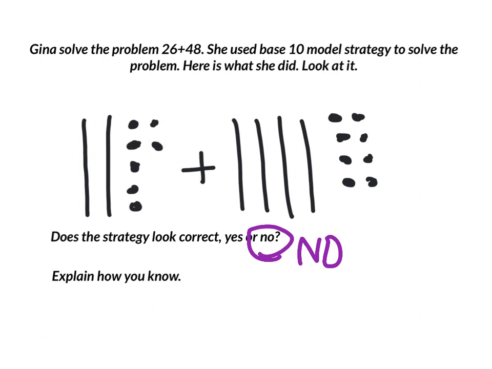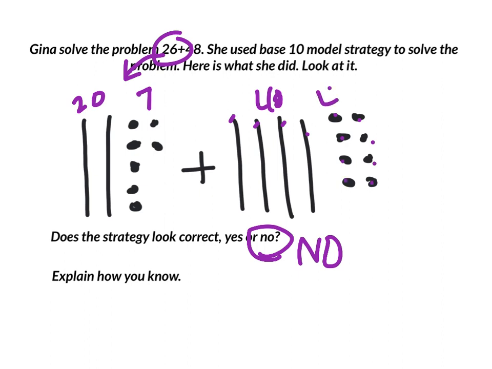The reason she didn't do a good job is because right here, this is 20, and this is 7. This is supposed to be 26. For 48, 10, 20, 30, 40, that's 40, and 1, 2, 3, 4, 5, 6, 7, 8.